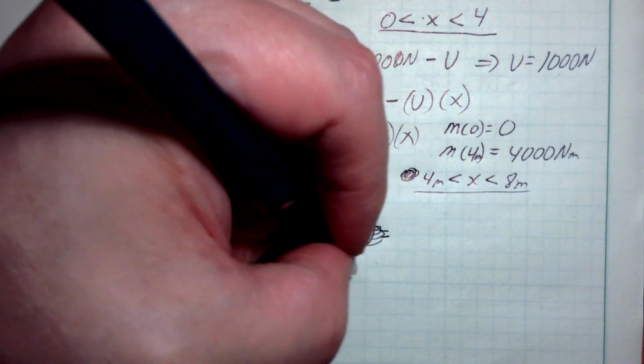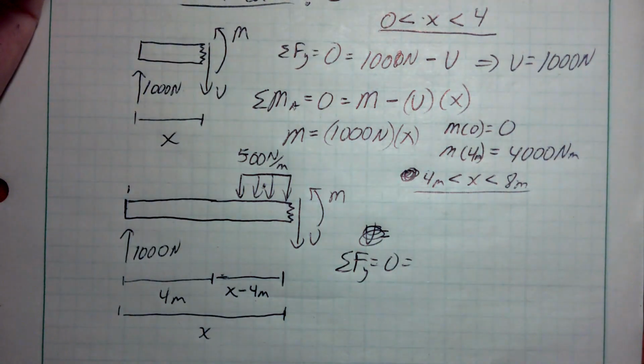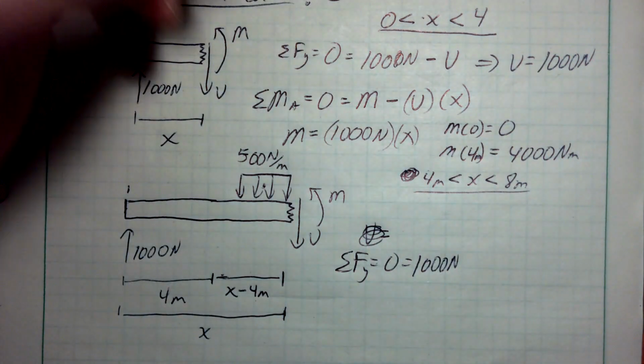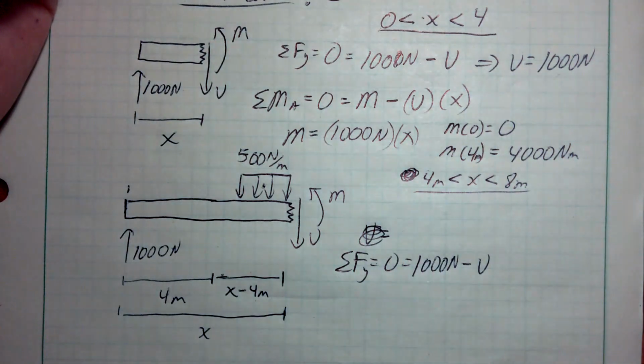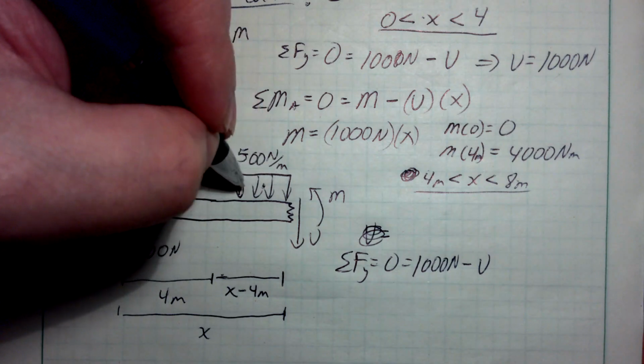Well, let's do the standard operation. Sum of forces in the y direction equals 0. What do I have in the y direction? Well, I have 1,000 newtons over there at point A, minus the shear force, and then I have this distributed load. I'm going to condense this down to a single force, so it's negative 500 newtons per meter.